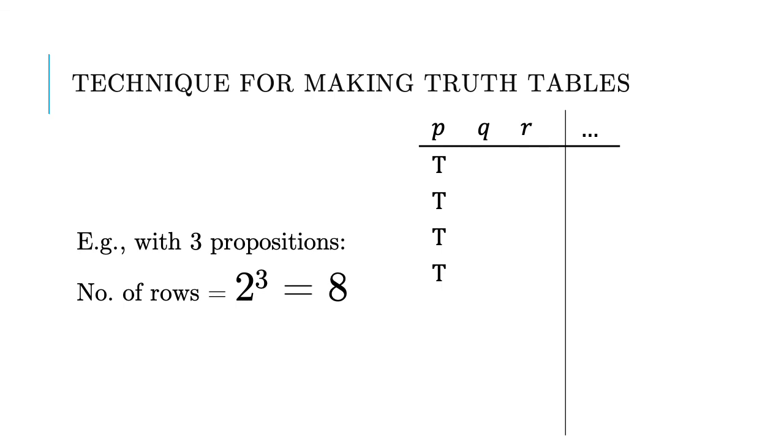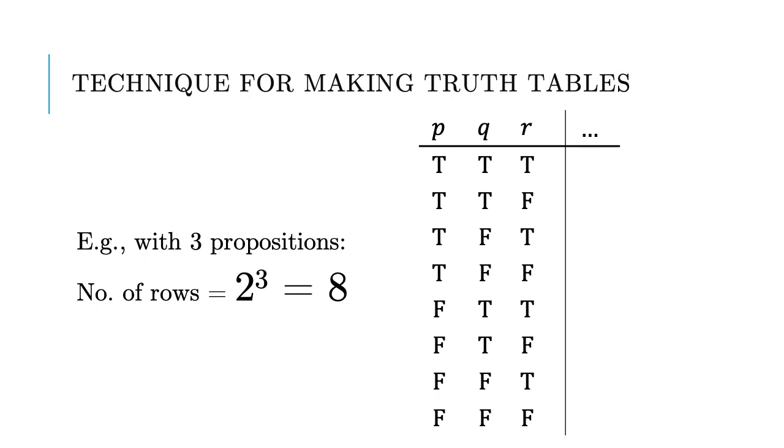To look at this concretely, for the case of 3 propositions, notice that we do just that. 4 true values, followed by 4 false values, followed by 2 true, 2 false, 2 true, 2 false, 1 true, 1 false, and so on.